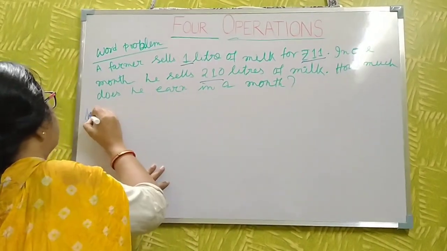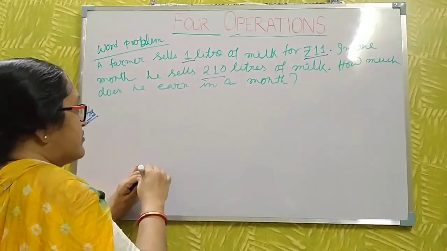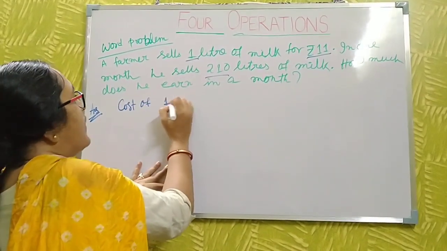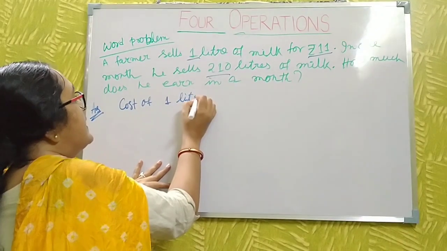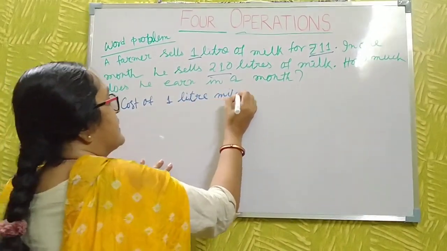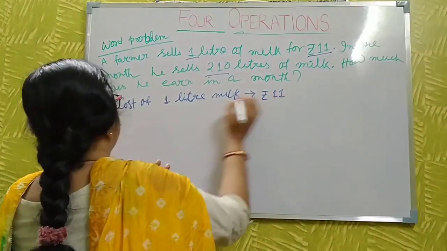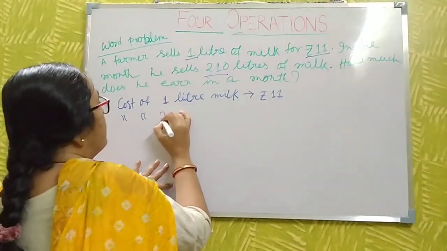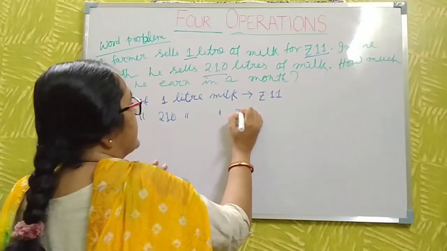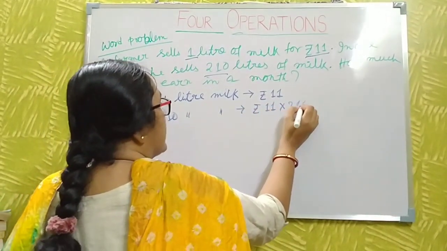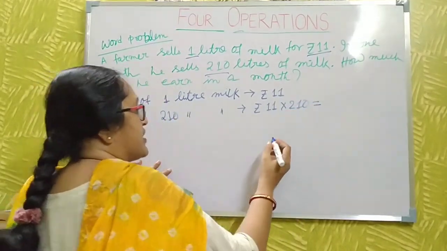Then the right, what type of writing is there? Then you write: cost of 1 liter milk is ₹11. Then cost of 210 liters milk is ₹11 into 210. Then you just do the multiplication.